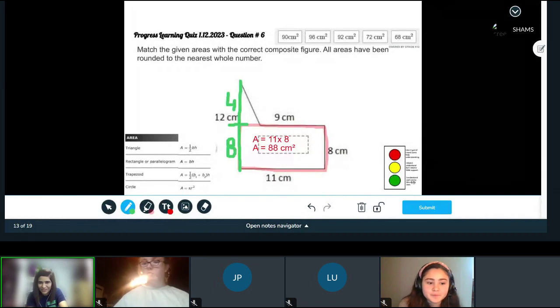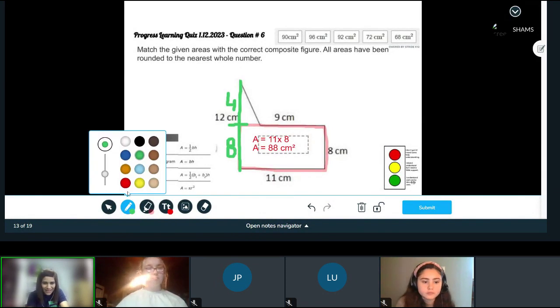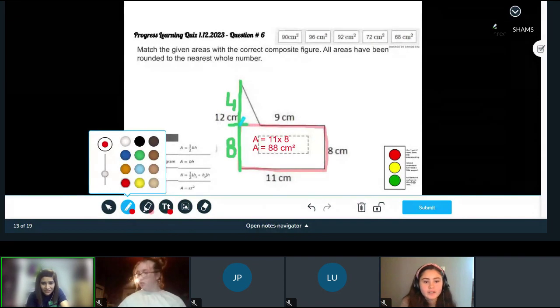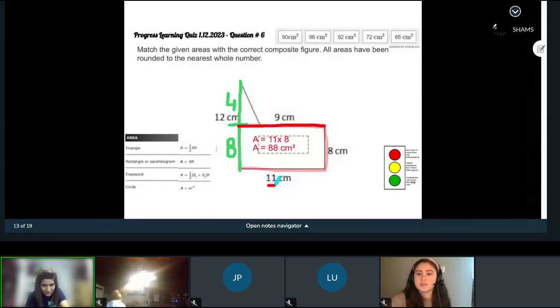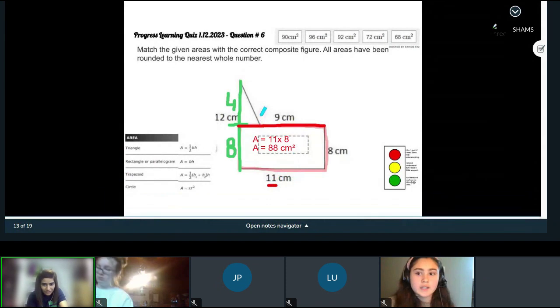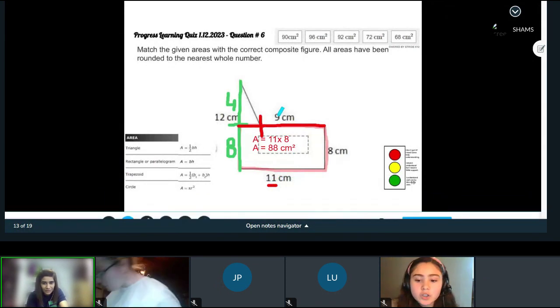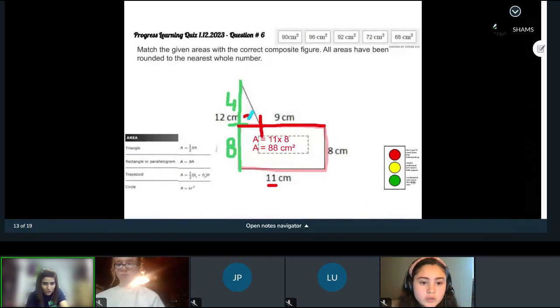No problem, Faith. It's fine. You're smart and you'll pick it up. And let's look at the base. This entire length is 11, right? It is 11. If I split it into 2 parts, this part is 9, and therefore the remaining part has to be 2.